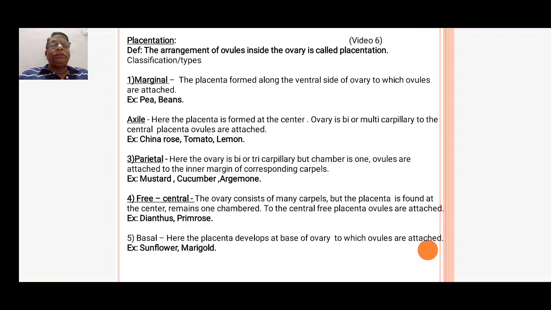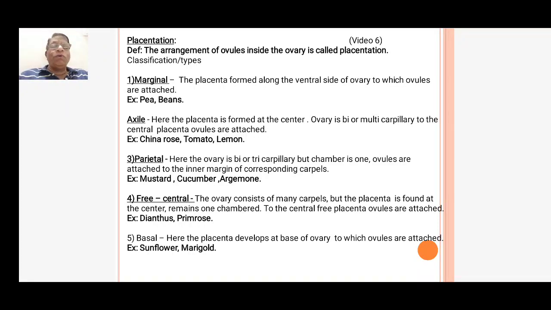We know that the female reproductive structure is gynoecium. The gynoecium is again differentiated into basal ovary, middle style and upper stigma.